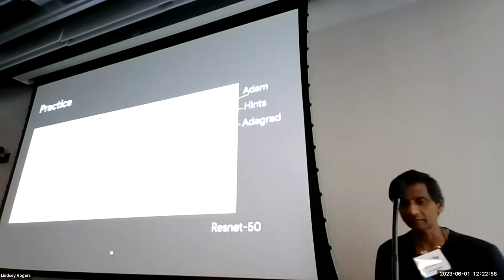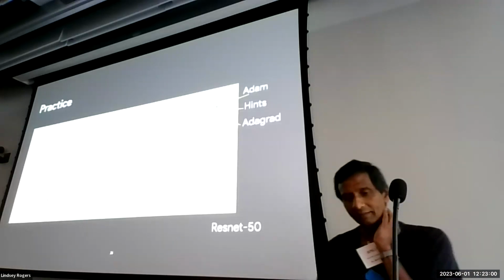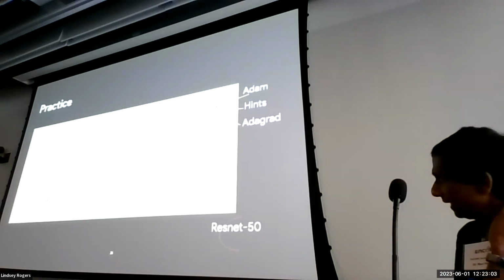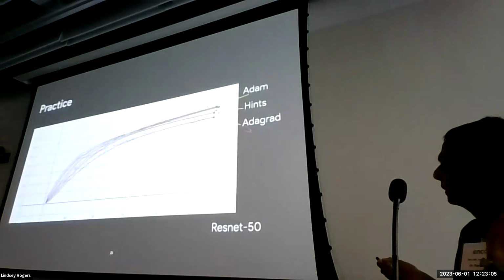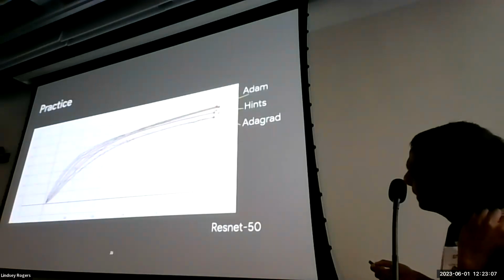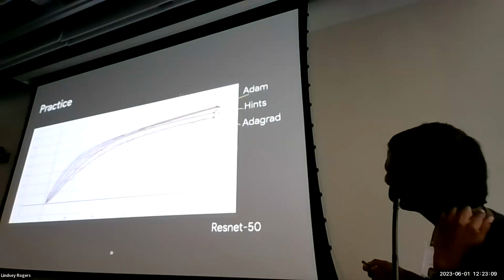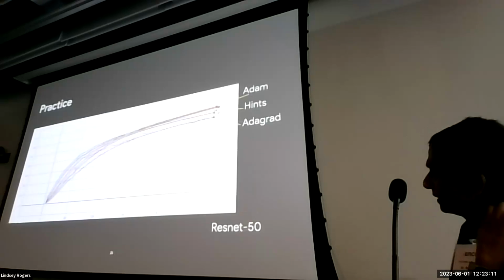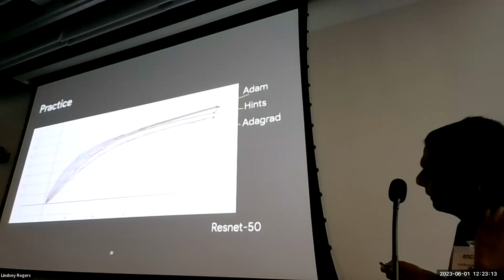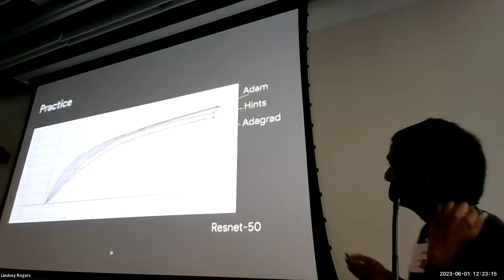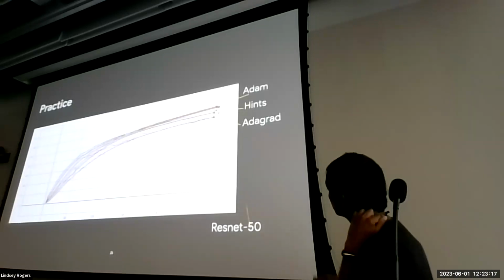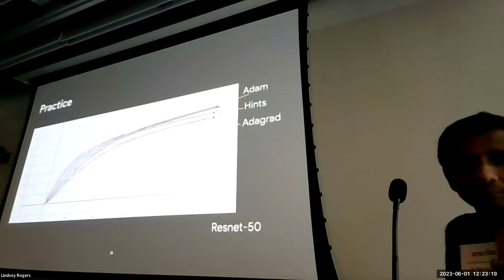And how does it work in practice? We tried this a while ago on ResNet. We used Adagrad and used hints. For ResNet, hints seemed to get better performance than Adagrad, but it couldn't beat Adam.